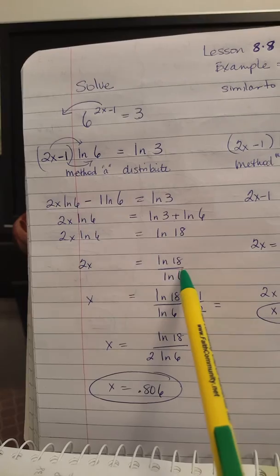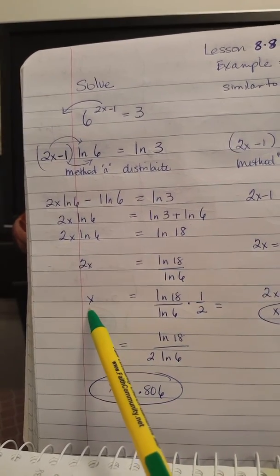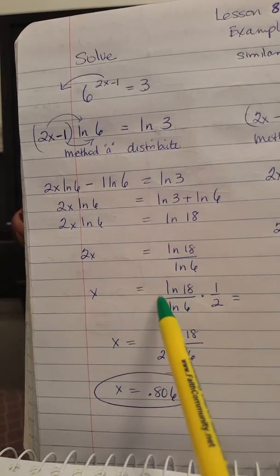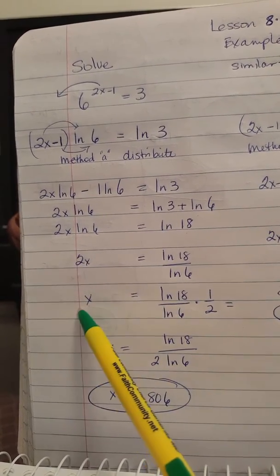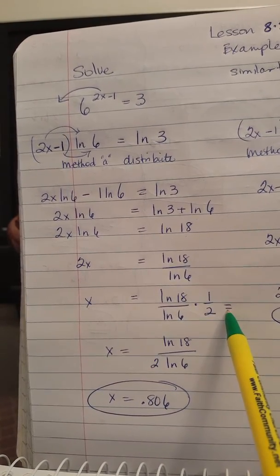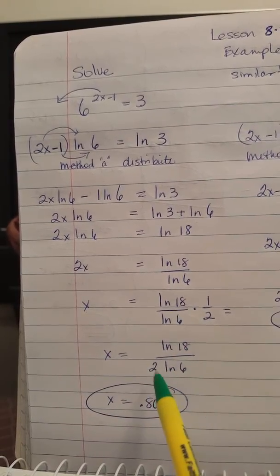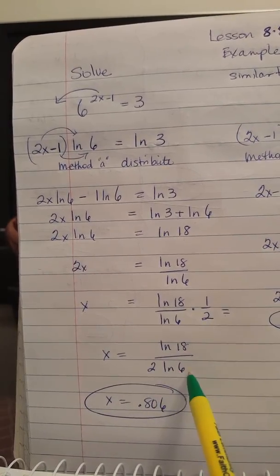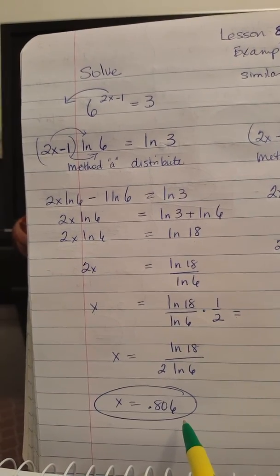So 2x equals natural log of 18 over natural log of 6, and we multiply by 1/2 to get rid of the 2, doing the same on this side. So we end up with x equals natural log of 18 over 2 natural log of 6. If you put that in your calculator, you get 0.806.